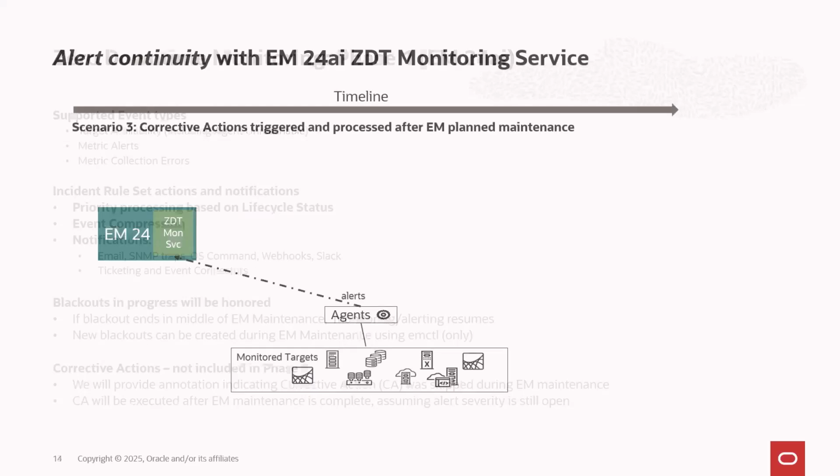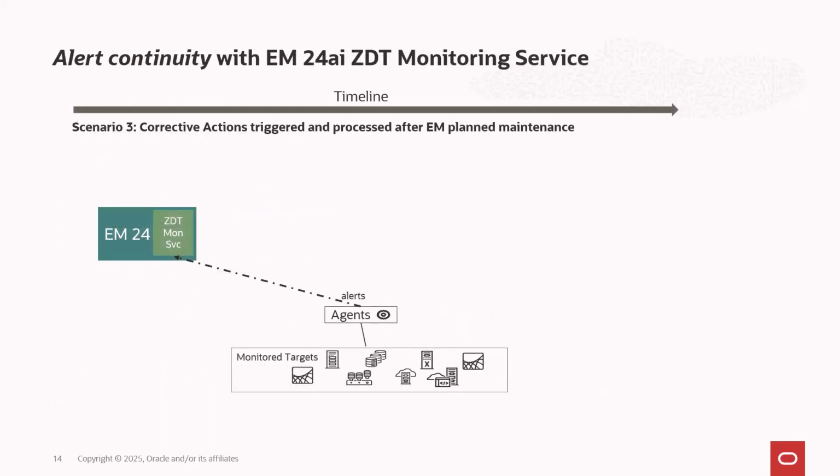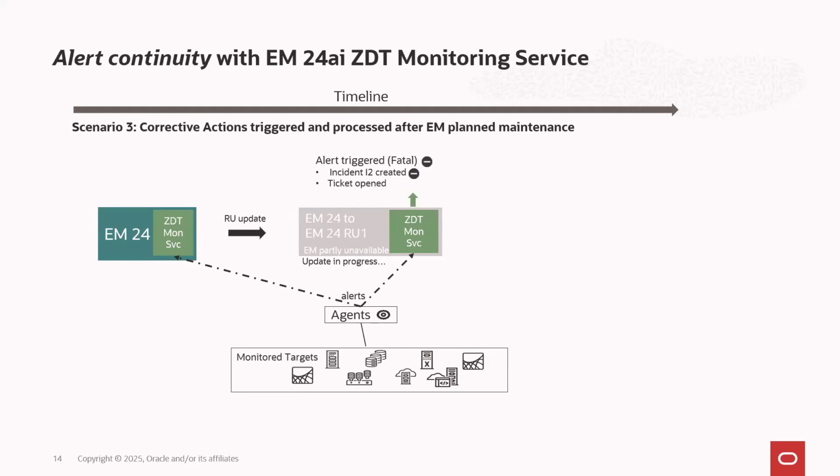So let me walk through an example of what I mean by this, right? So here with EM 24 with ZDT monitoring, and we want to uptake an RU, and so EM goes under planned maintenance. And let's say at this time there is a fatal event, target down event, which results in an incident being created and a ticket being opened. Then the update is complete. Now EM is at EM 24 RU1 and fully available.